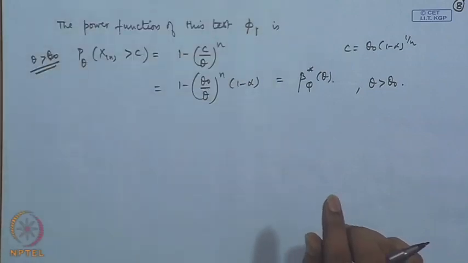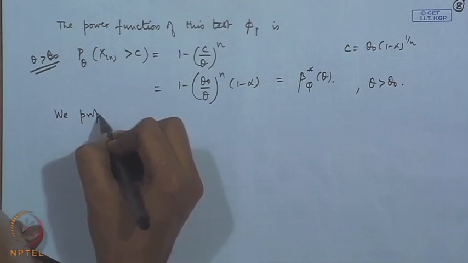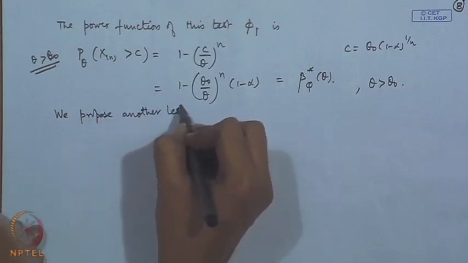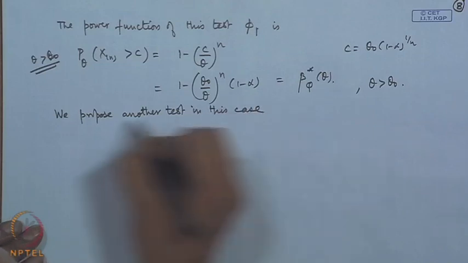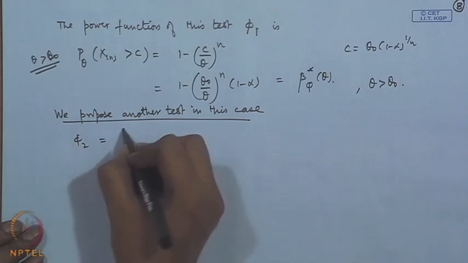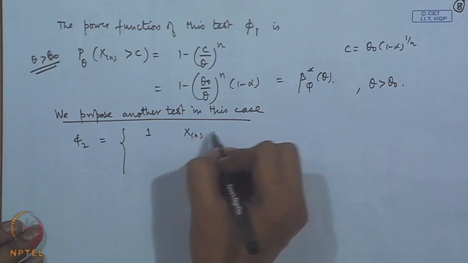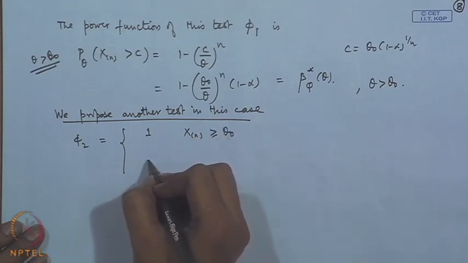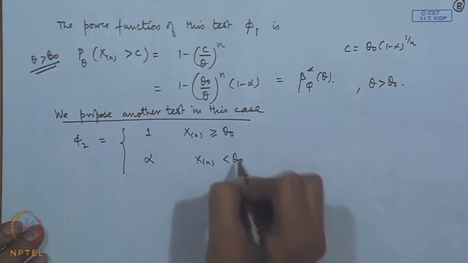Okay. Now, we propose another test in this case. Let me call it phi 2, and the test is 1 if x n is greater than or equal to say theta naught, and it is equal to alpha if x n is less than theta naught.